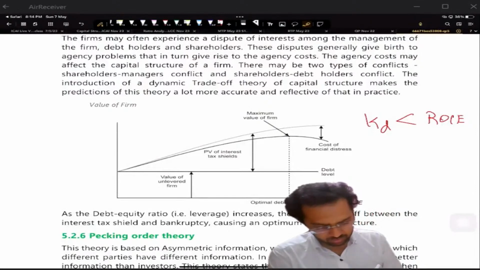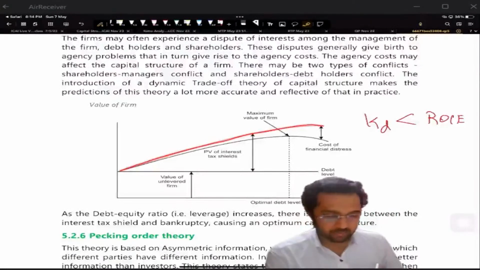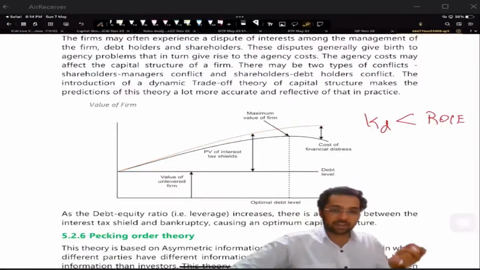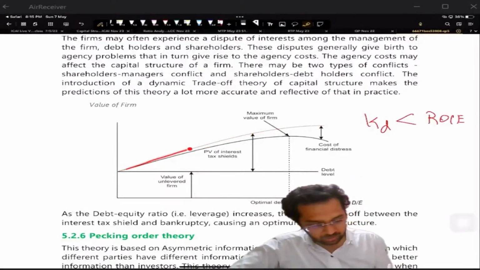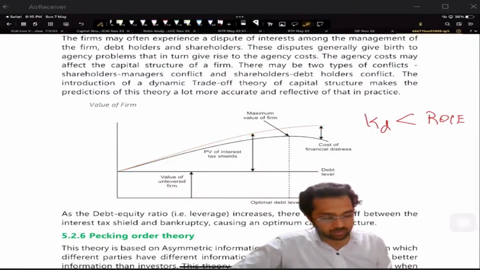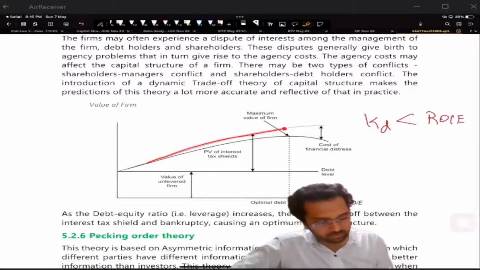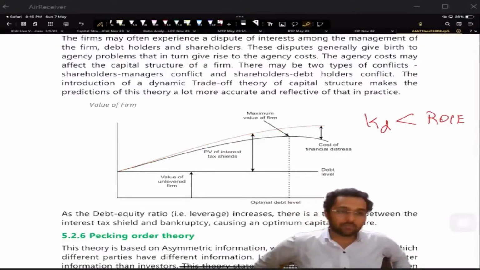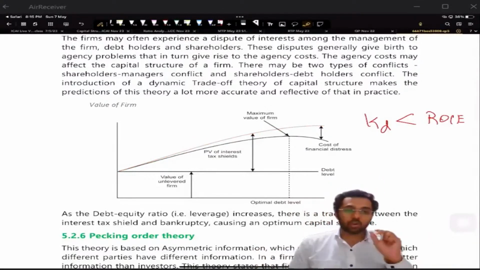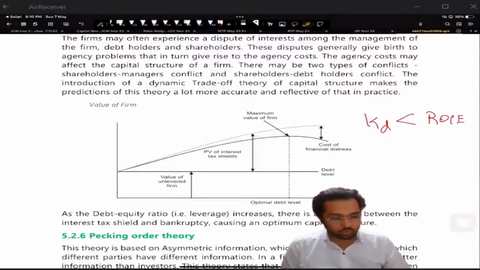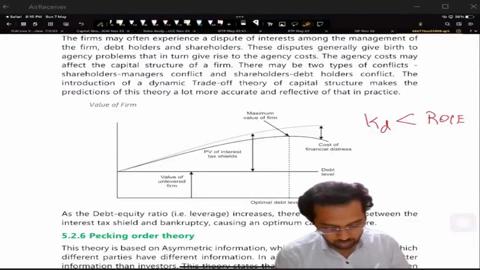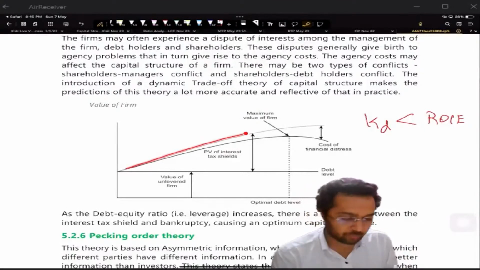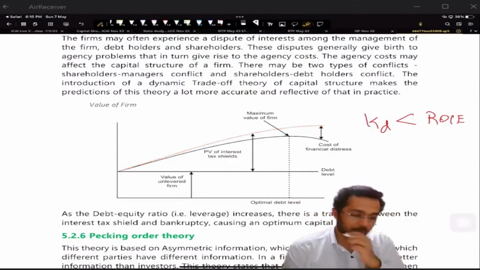The value that will be added to your company value is the upper, lighter line. But you cannot attain that greater value because there will always be the risk of financial distress. Due to the cost of financial distress, you will not be able to attain the maximum value possible. Rather, your value will be a bit lower.